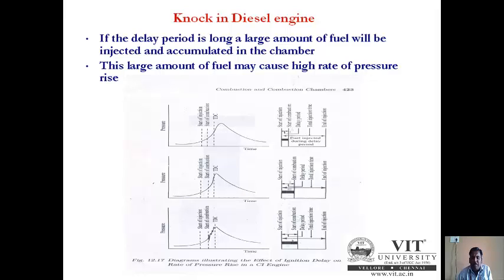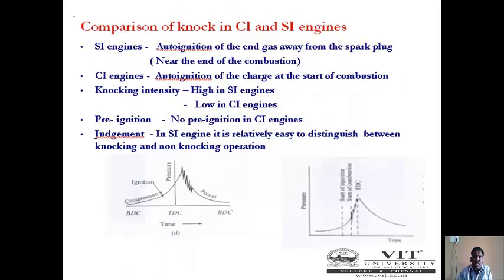It's a normal combustion process. If you increase the delay period to around 10 seconds, then the accumulation of diesel may be around 10 grams. When all the 10 grams of diesel are burned simultaneously, it will create an enormous amount of pressure. This process is called knocking in diesel engine.